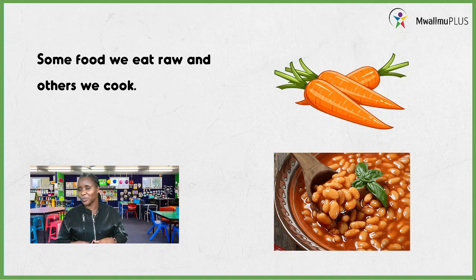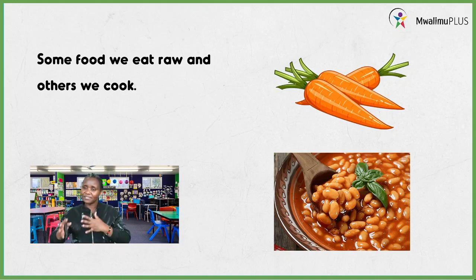It's not cooked. Well, we have other food like beans. Beans, look at our beans. Yes, these beans are cooked. You cannot eat beans if they are not cooked. So that is why I said some foods are eaten raw and others cooked. Are we together?